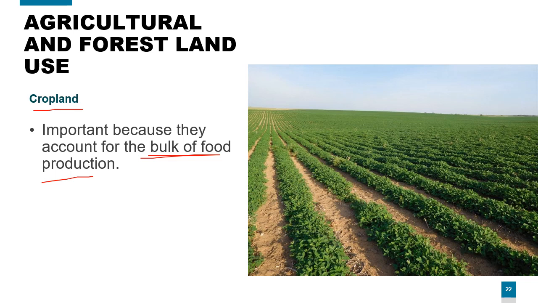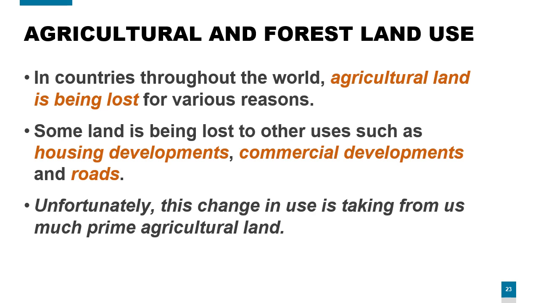That's why, in order to address all the needs of the people, kailangan magtanim ng maraming mga plants na nagproproduce ng mga pagkain para at least may pagkain or merong food sustainability. Okay? So, in countries throughout the world, agricultural land is being lost for various reasons. Some land is being lost to other uses such as housing developments, commercial developments, and roads.